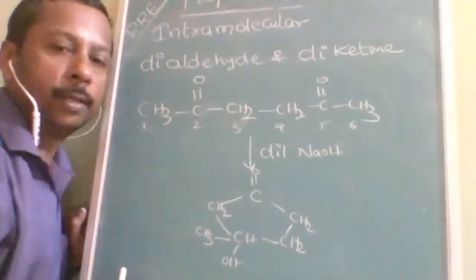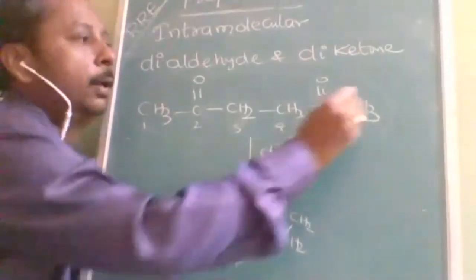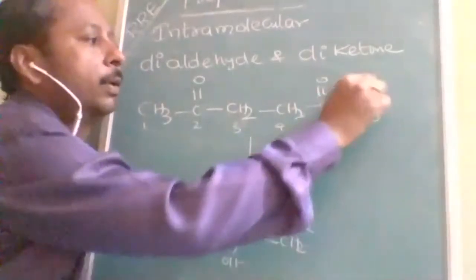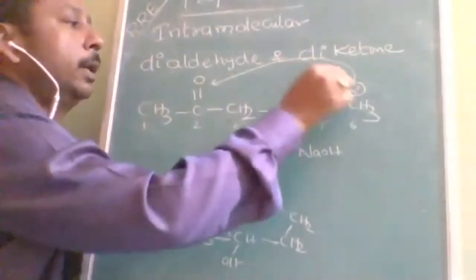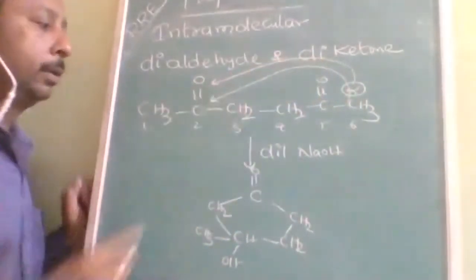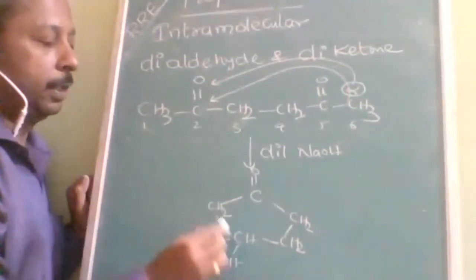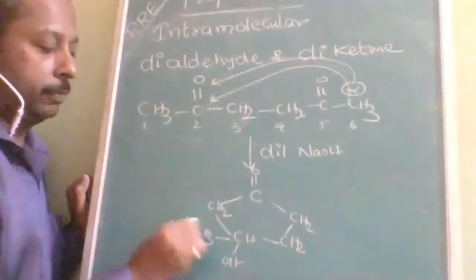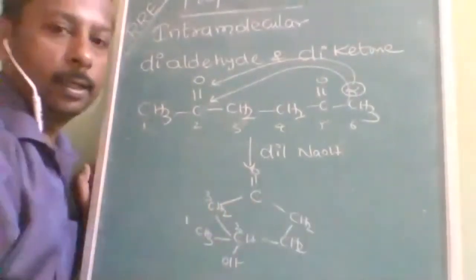So here I am using the alpha hydrogen of this, and I am transferring it here, and this carbon gets connected over here. So this carbon is this one, this carbon is this one. I will write it clearly here.